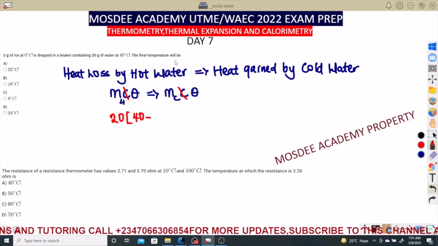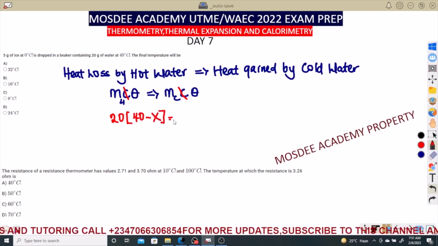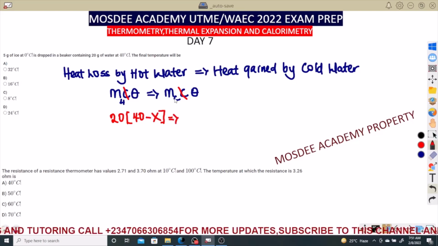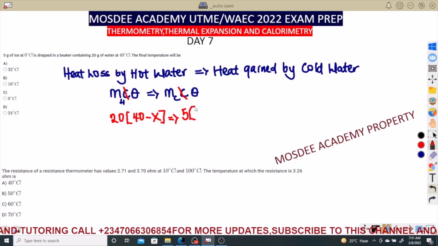Let's say theta 3, which is what we are looking for, as x, must always be equal to the mass of cold water, which is 5 grams. I'll just say 5. The temperature of cold water is 0, so we say the final temperature of the mixture is x minus 0.